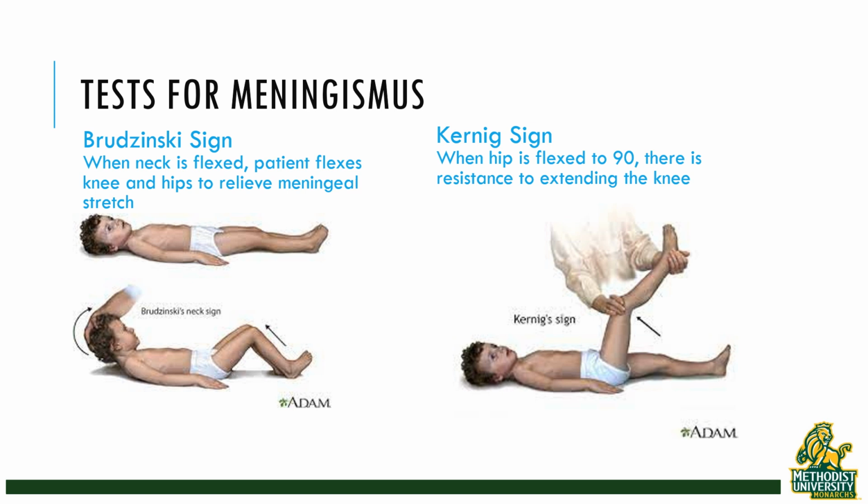When we passively flex the child's neck, the child is going to flex their knees and hips to relieve the stretch on the meninges in the spine caused by our flexion of the neck. In Koenig sign, when we flex the hip to 90 degrees and then extend the knee, there's resistance to extending the knee because of the meningeal irritation, irritation of the dura surrounding the spinal cord.